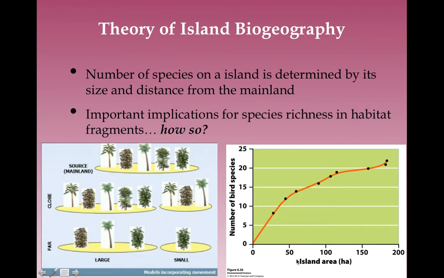And you can see in this graph here, the island area is directly correlated with the number of bird species on that island. So bigger islands have more species, and there has been a lot more data to support this theory since it began, and it makes sense.